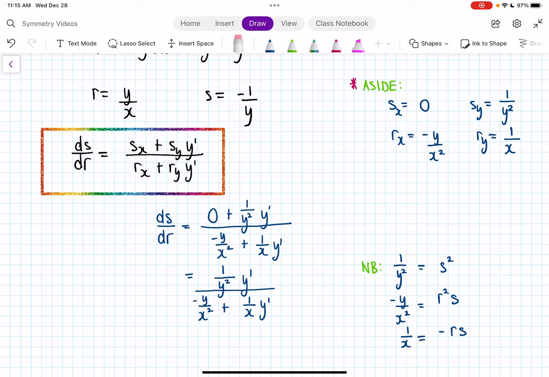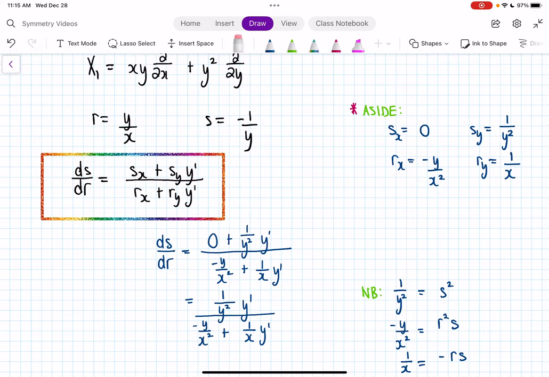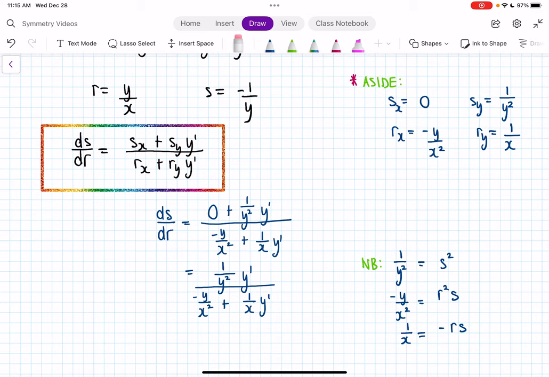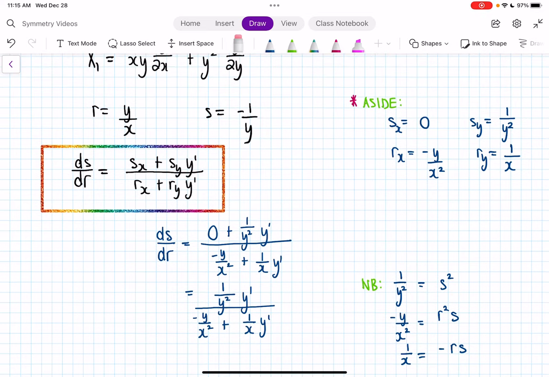But if we go back up and we look again at our definitions of s and r, we can term by term rewrite things because we'd like everything to have s's and r's in it, seeing as this is ds over dr. So we have 1 over y squared is actually s squared.